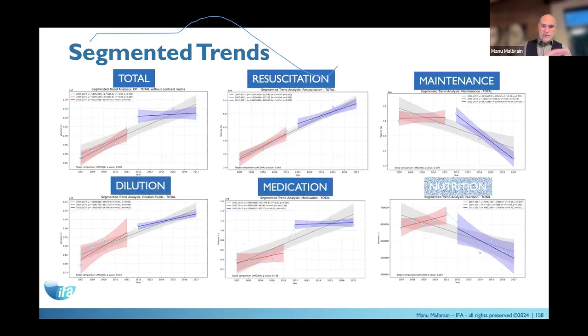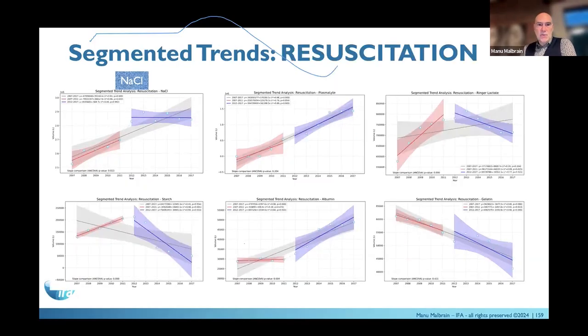Now we can see the trends. In gray is the 10-year trend, and in red versus blue is before and after the PRAC recommendations. So you can see that everything is on the rise except maintenance and nutrition.